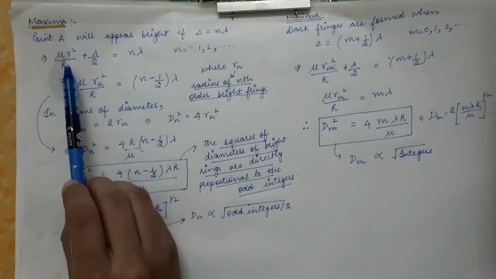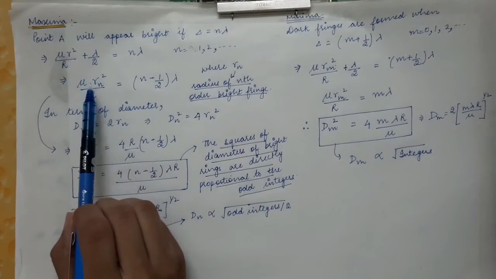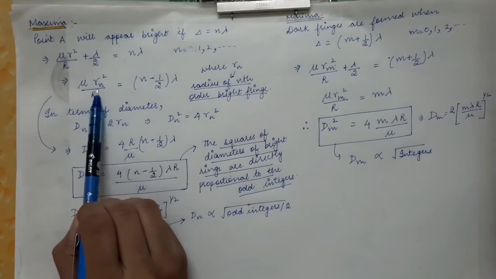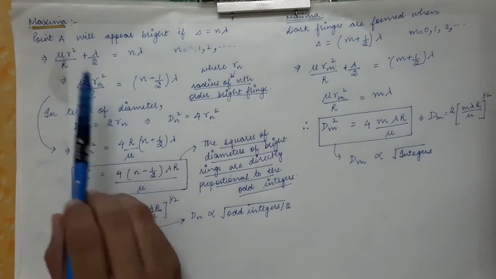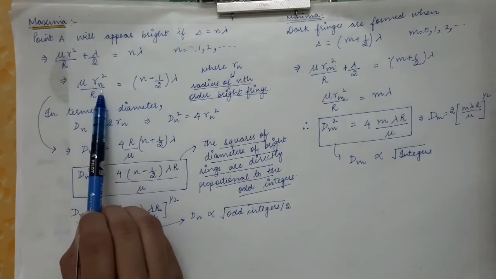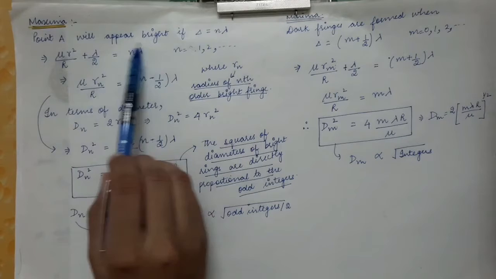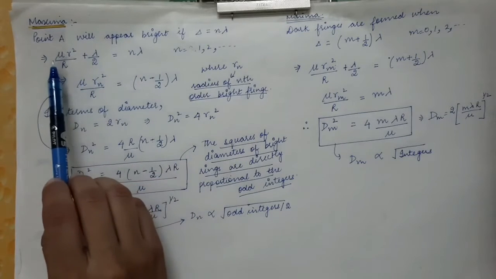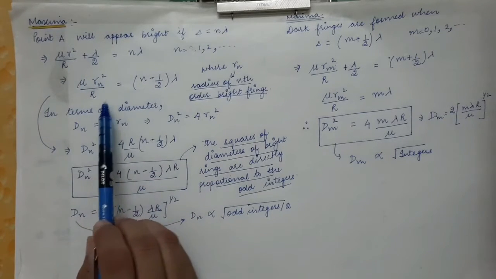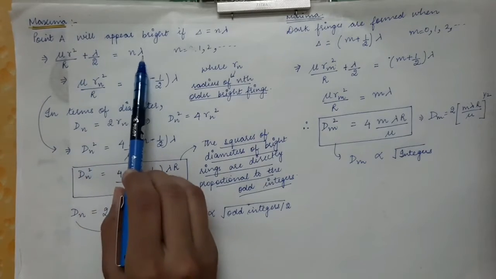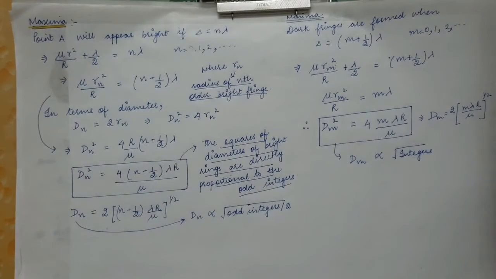From here we can substitute r by Rn, which represents the radius of the nth bright fringe. You can simplify this expression and you will get mu Rn square by capital R is equal to n minus 1 by 2 times lambda.